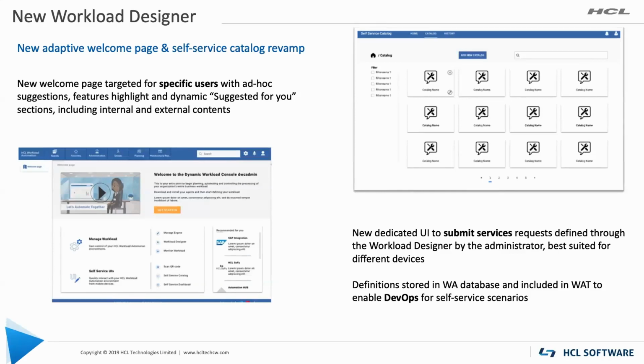Now, I don't know if you are using or know about this capability, but this is a very interesting functionality that allows you to have a kind of business interface for submitting workloads. Basically, there's a different concept here. There's a service that can be defined by the administrator that is exposed with a name and parameters that can be specified. So the business users see only a service that they need to submit and perhaps some parameters they need to specify.